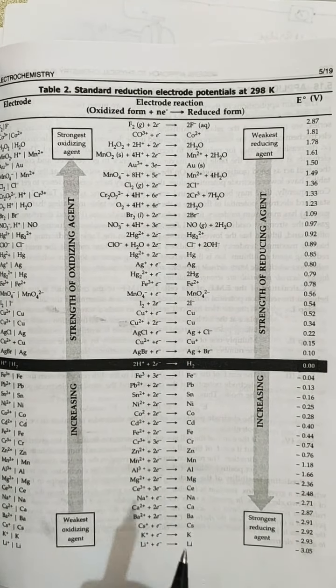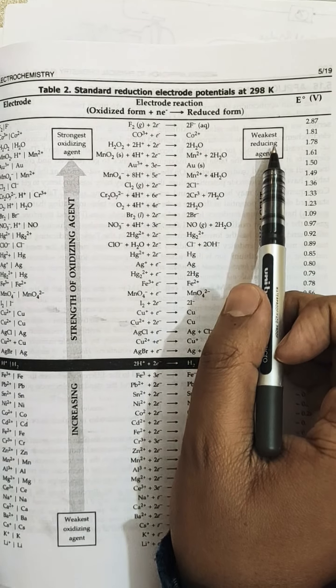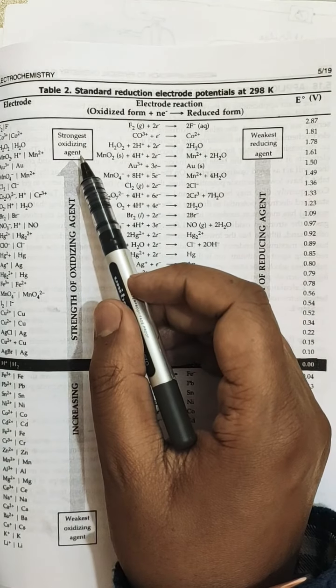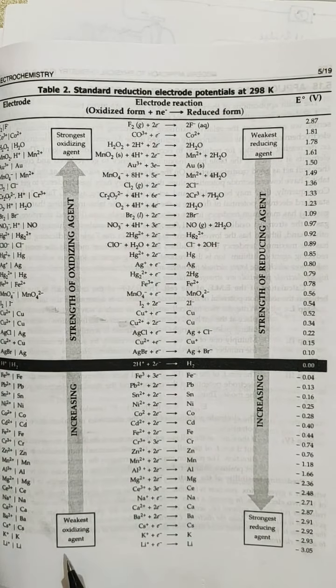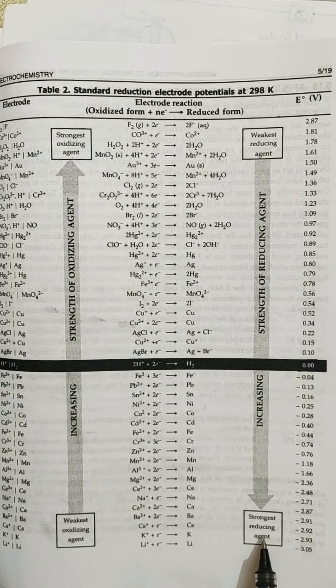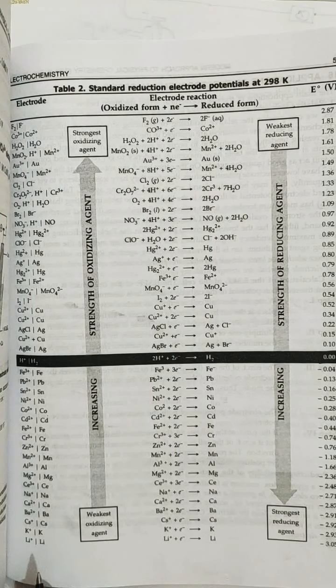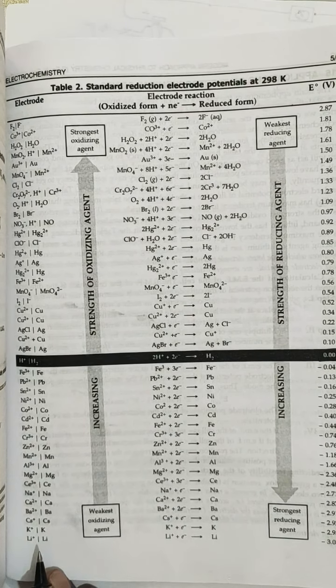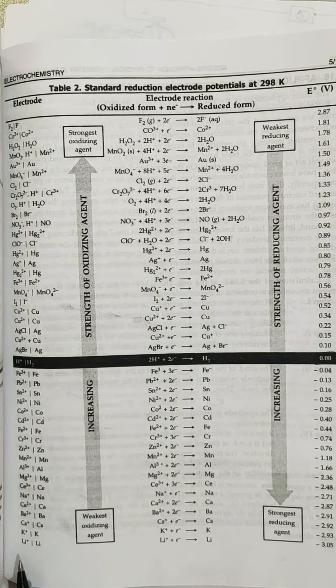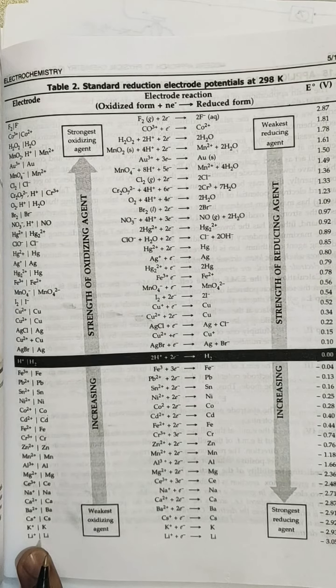And something is written there: weakest reducing agent, strongest oxidizing agent, weakest oxidizing agent, and strongest reducing agent. And the last element in this column, most down in the corner, is lithium ion.